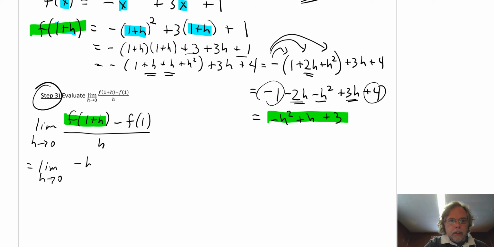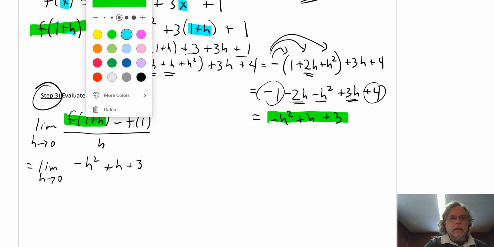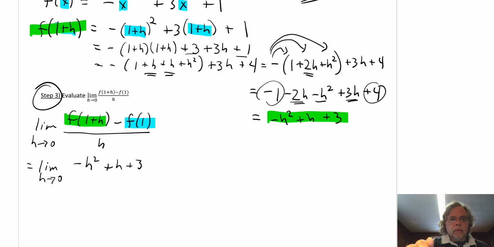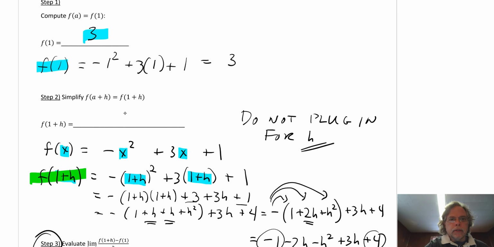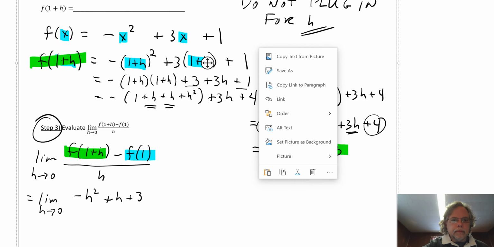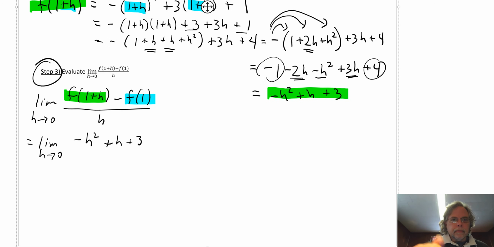Negative h squared plus h plus 3 minus f of 1. So we have to go back up to where we did f of 1 turned out to be 3. So that goes there.